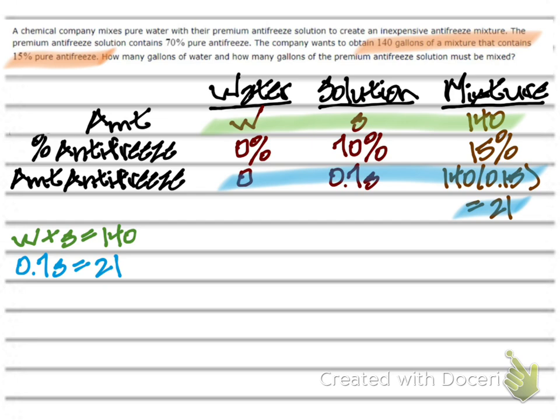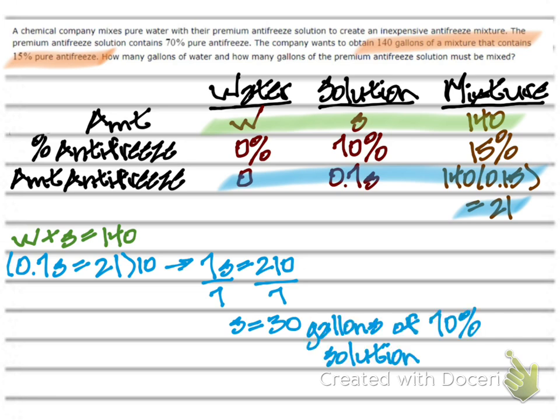So next, I'm going to go ahead and multiply this by 10 to get rid of that decimal. You don't have to. So I get 7S is 210. So now I can go ahead and divide both sides by 7. So S is 30. So that's 30 gallons of the 70% solution.